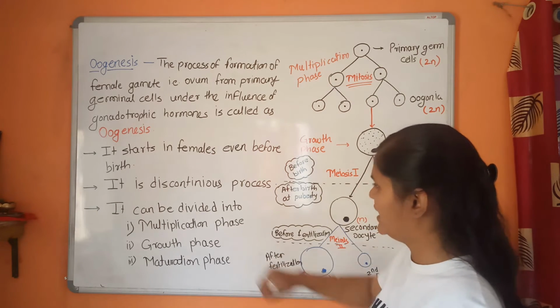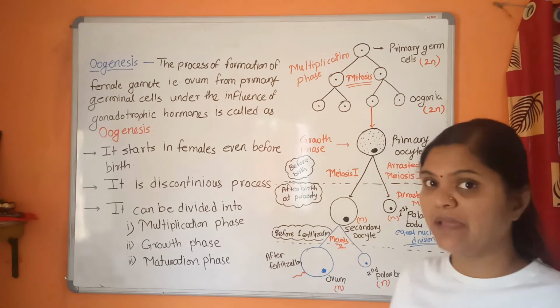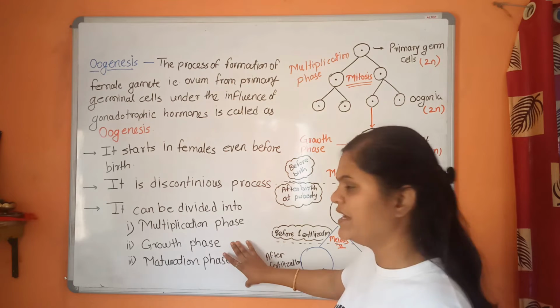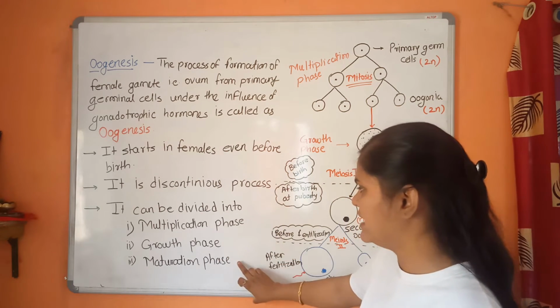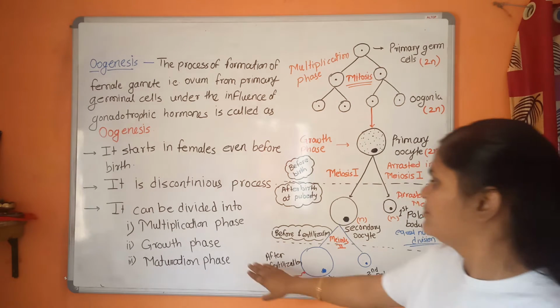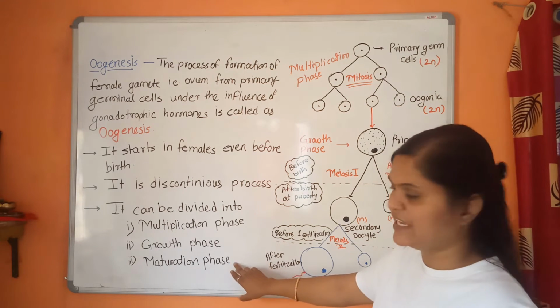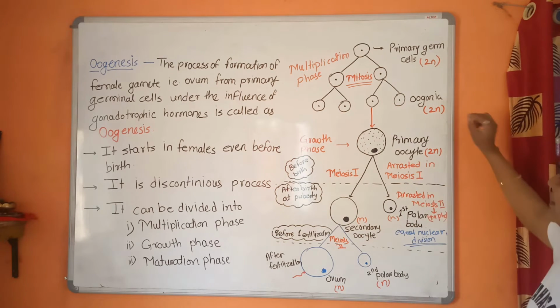Then the growth phase, in which the oogonia develop into primary oocytes. Vitellogenesis we will discuss later. And then the maturation phase, in which meiosis takes place. Now the multiplication phase.